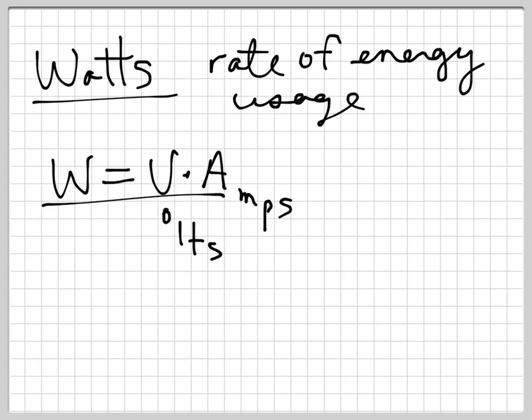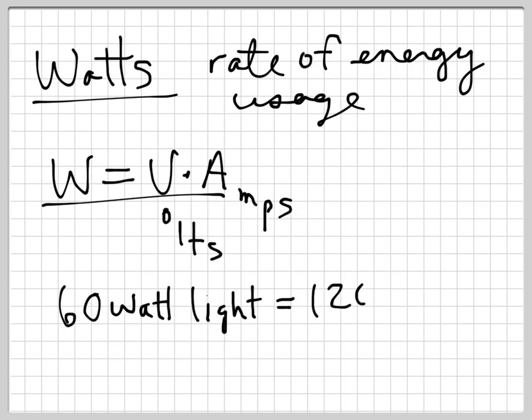So let's say you have a 60-watt light bulb. That'd be a common household light bulb that's not LED. We're talking about an incandescent, old style bulb. And let's say our home current is 120 volts. I know I said 110 earlier, anywhere 110, 120.